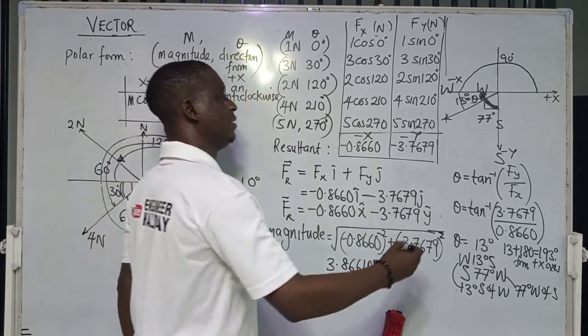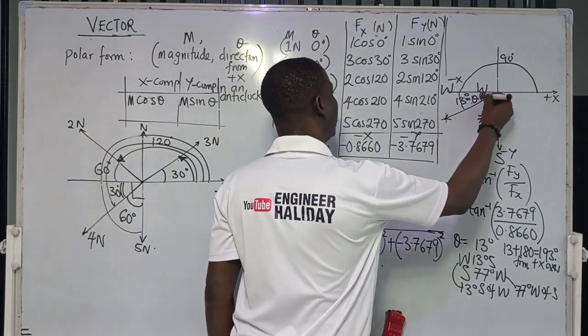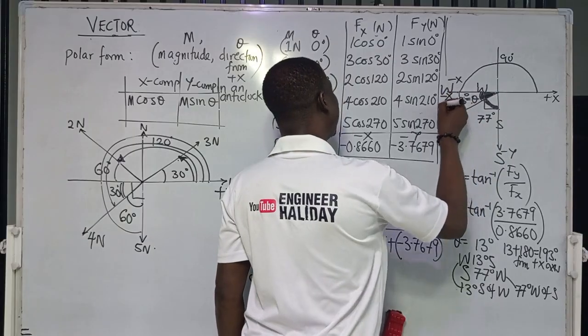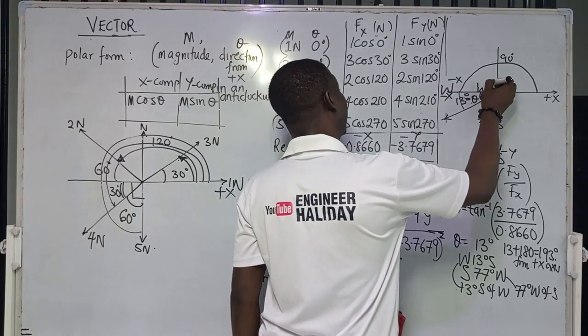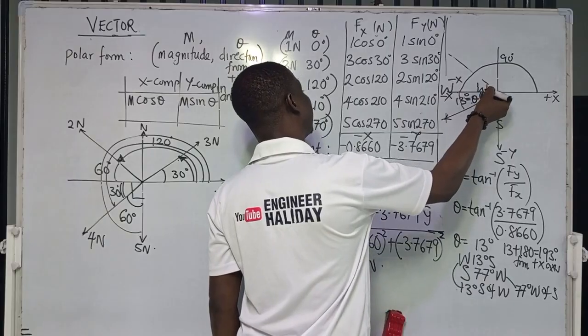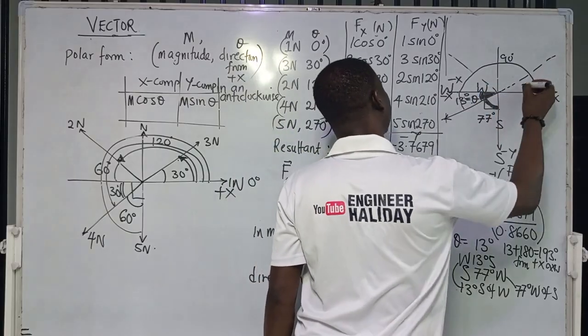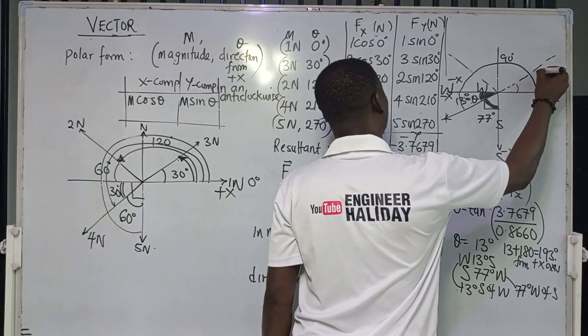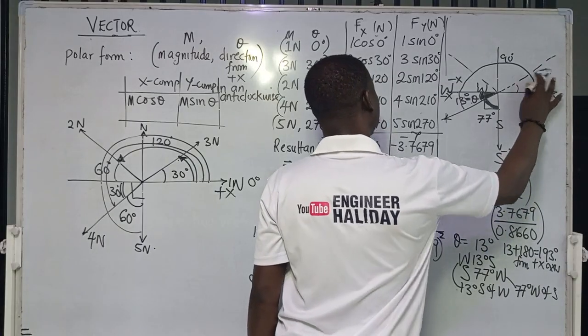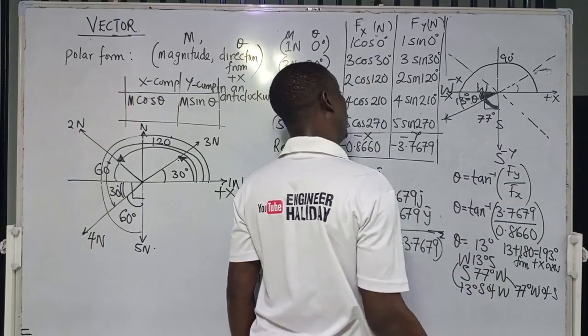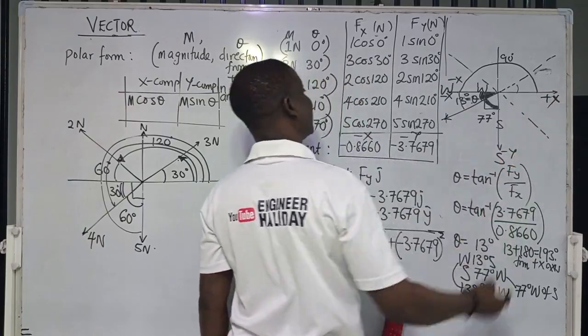Somebody else can say, okay, this one is below the negative x-axis. If you have another one here, it will have been above the negative x-axis. If you have another one here, here will be above. This one is above the positive x-axis. Then this one is below the positive x-axis.